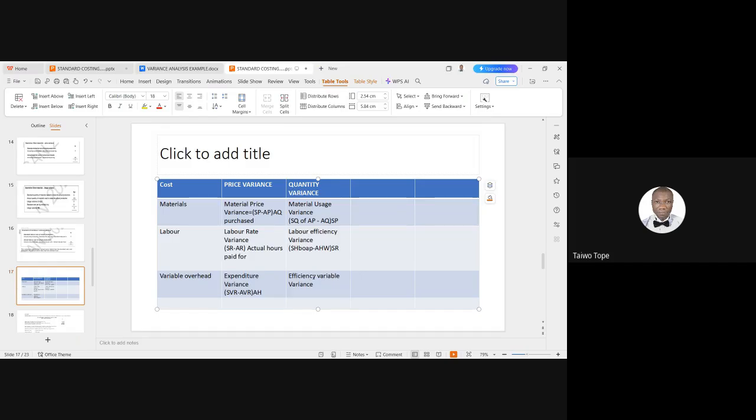When you look at this efficiency, based on the labor efficiency, what do you think the formula will be? Standard efficiency hour, less actual efficiency hour.